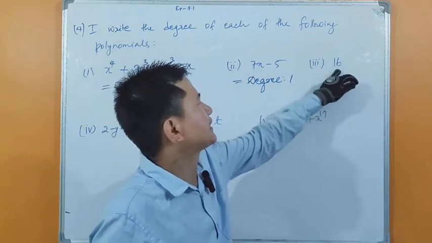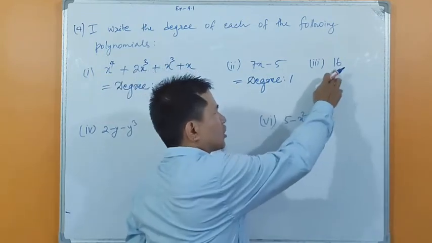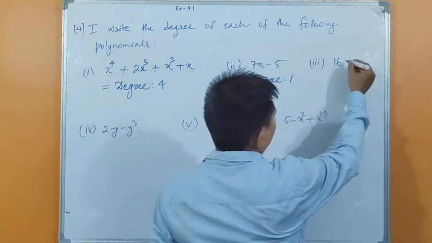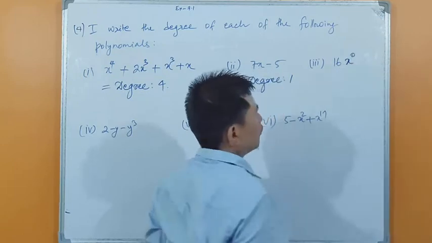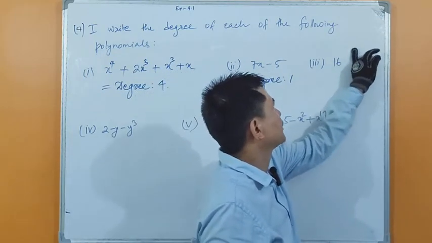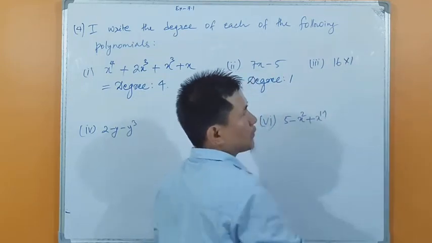Question number 3, 16. Okay, 16 is given to us. This is a constant polynomial, so there is no variable. You can write x to the power 0. First, let me explain it this way. 16, you can write 16 into 1. 16 into 1 means 16.